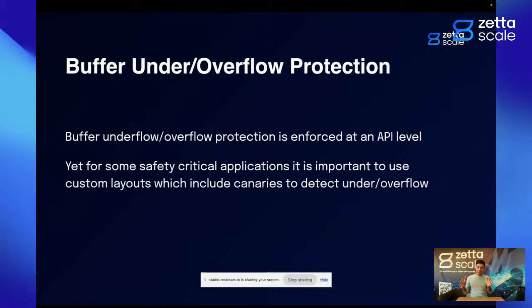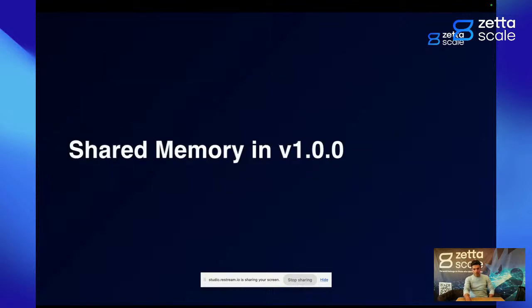And for some safety critical applications, it is very important to detect this overwrite. This is why usually if you allocate a shared memory buffer, you would want to have canaries before and after in order to detect potential overwrites and as a consequence, reason about the integrity of this buffer. And this is something that we now also can support with the new shared memory subsystem.